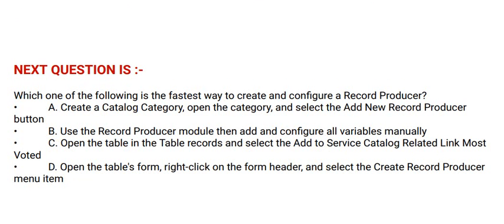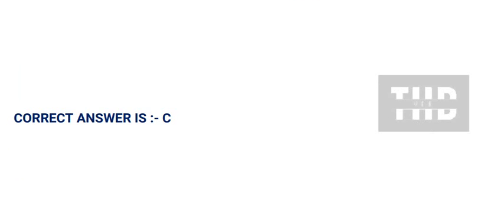Option C, open the table in the tables module and select the Add to Service Catalog related link. Most voted. And option D, open the table's form, right click on the form header and select the Create Record Producer menu item. And the correct answer is option C.